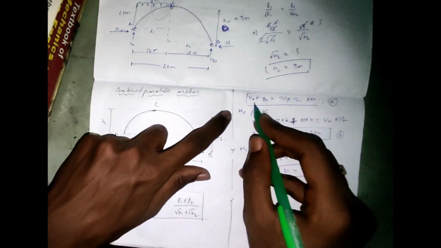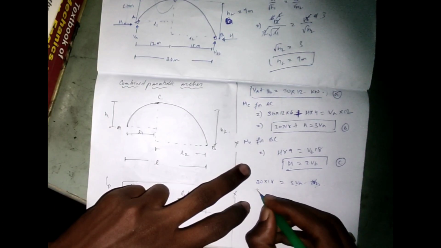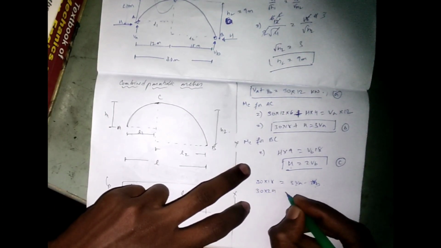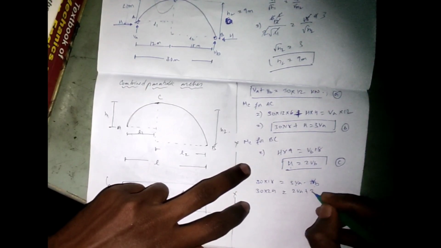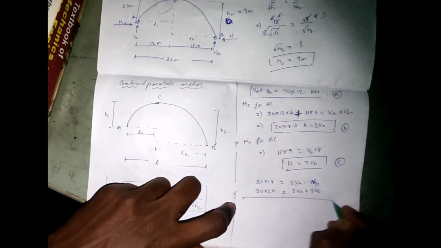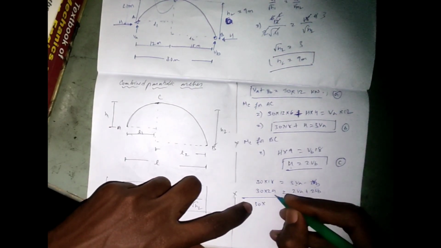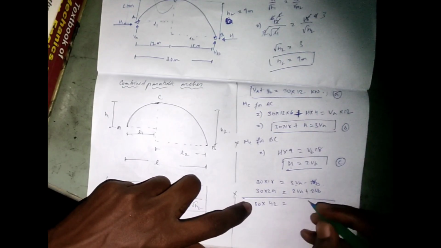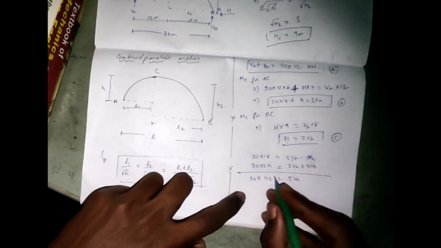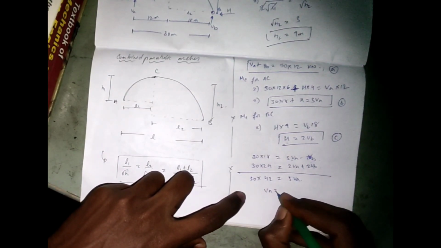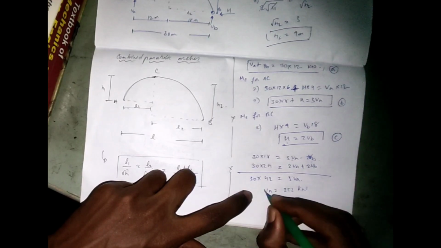Multiplying 2 to this equation, we'll get 720 is equal to 2 VA plus 2 VB. Just adding up, 1260 will be equal to 5 times VA. VB will cancel. So VA will be 252 kilonewtons.